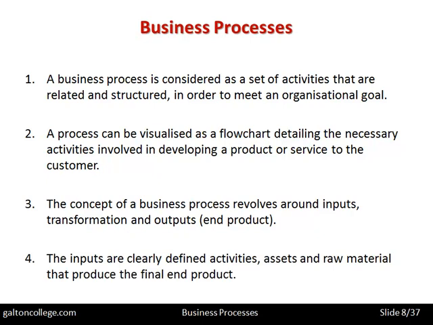The inputs are clearly defined activities, assets and raw materials that produce the final end product. So we know what the inputs are immediately. The inputs are what goes in to make the product. It could be human effort, human ingenuity. It could be entrepreneurship, or it could be a skilled operator with particular competencies and abilities to perform particular tasks.